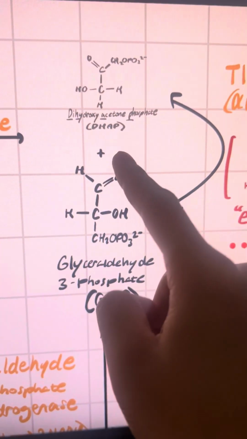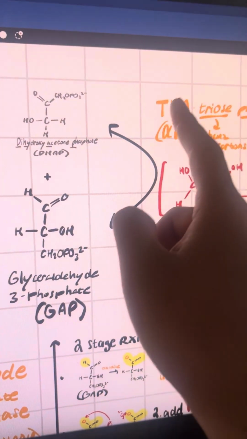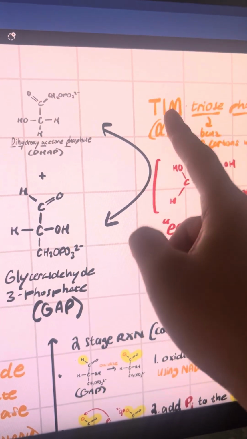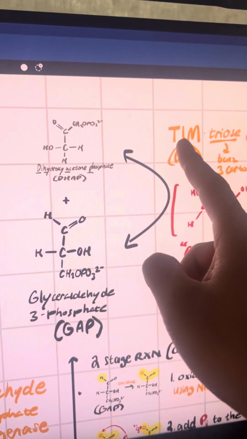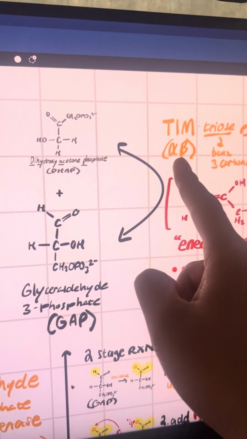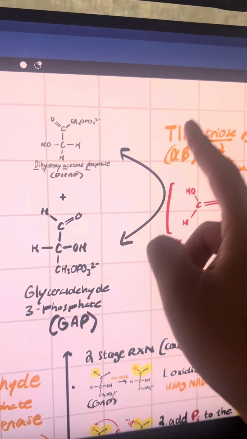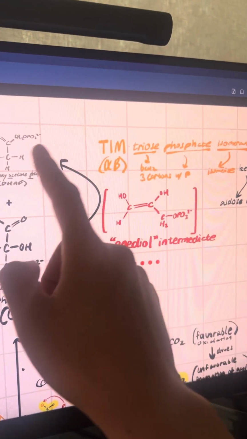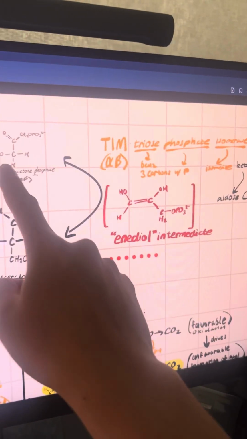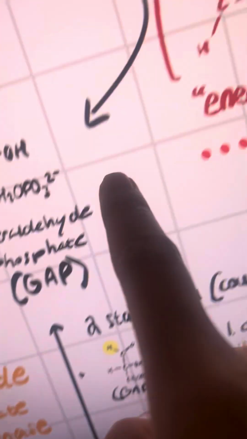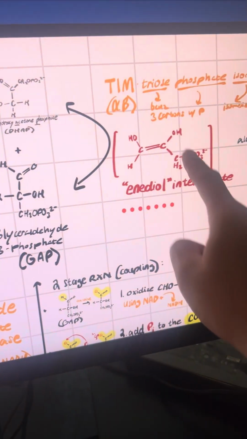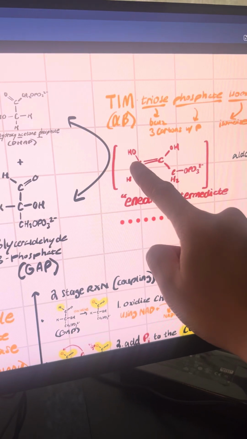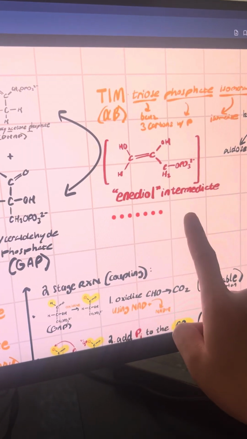If you remember from exam 1, we have an enzyme called TIM. Do you remember the TIM barrel protein? So TIM has an alpha-beta barrel structure. It's called triose phosphate isomerase. And basically, it's going to convert DAP into GAP. But in the process of doing this, you're going to have an intermediate that looks just like this. And it's called an enediol intermediate.